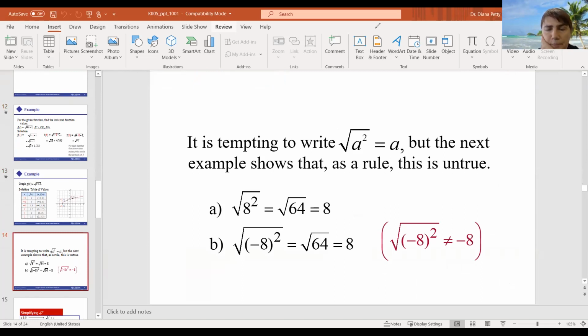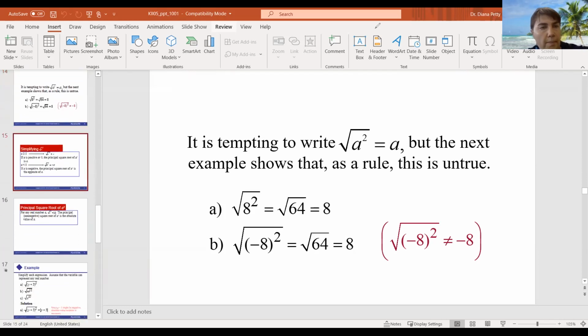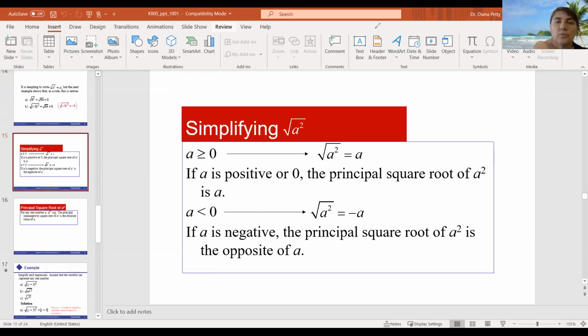Here is a little detail: the answer is not just positive if you don't know the number. In this case it's 8, the principal square root is 8, but they're showing you it could be negative if you don't know what the number is. If you want to simplify a radical of a variable, the square root of a squared is going to be plus or minus a.